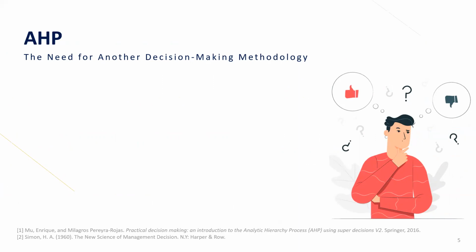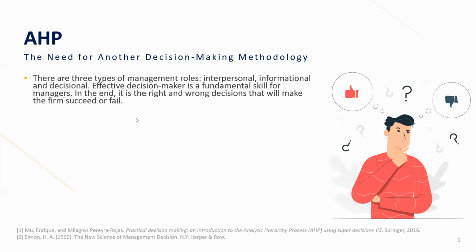It means, why do you need a new step-by-step method to make decisions, when everyone already makes decisions in several other ways? Frankly speaking, for example, when you are in a company, you may be involved in several managerial roles: managing people, interpersonal or informational roles, and decisional activities.